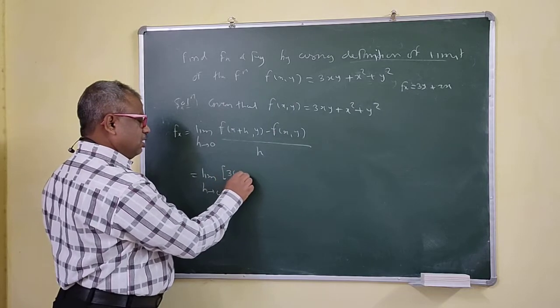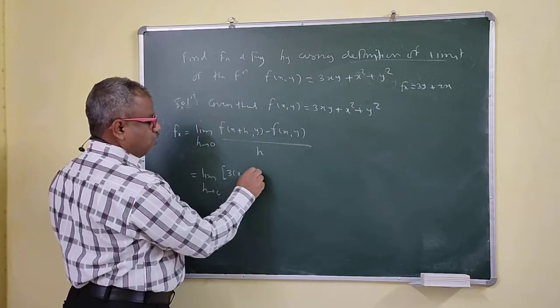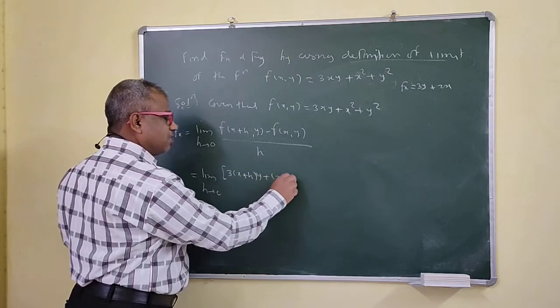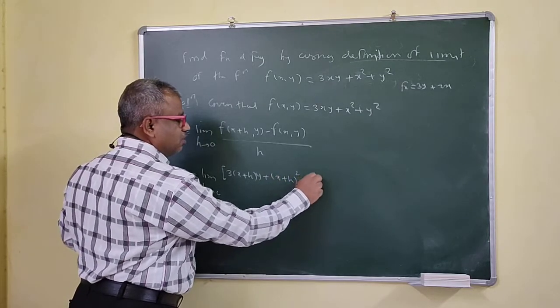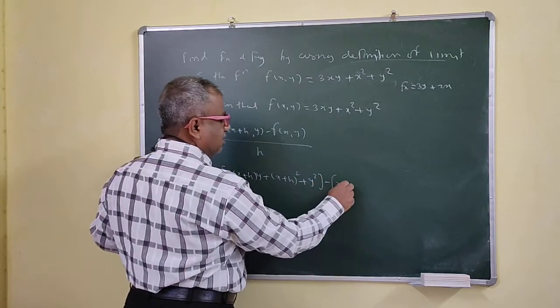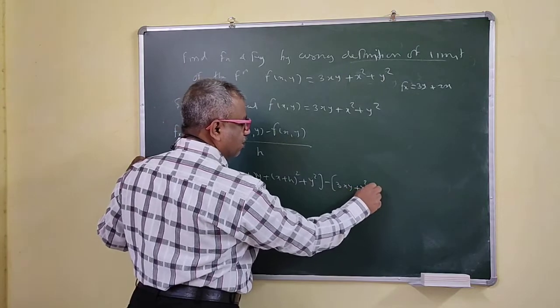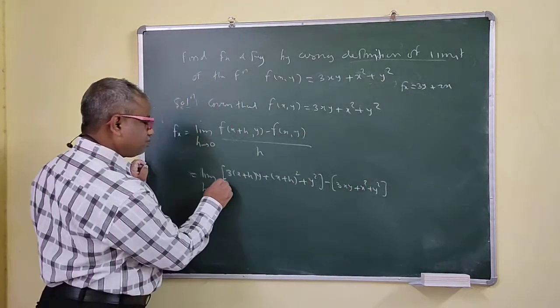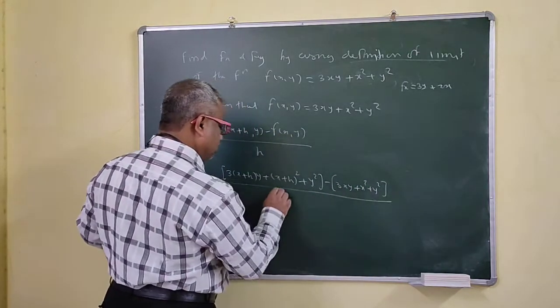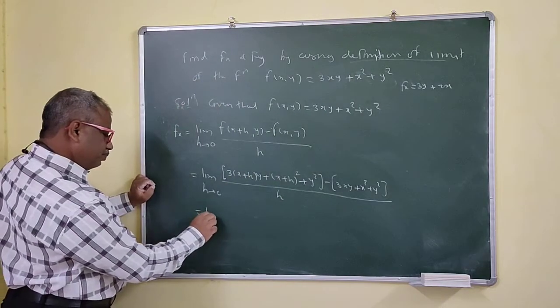We will put x plus h everywhere now. So 3 times x plus h times y plus x plus h whole square plus y square minus 3xy plus x square plus y square, upon h. We'll expand.